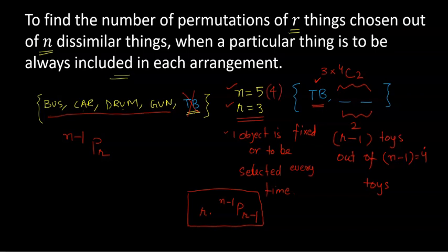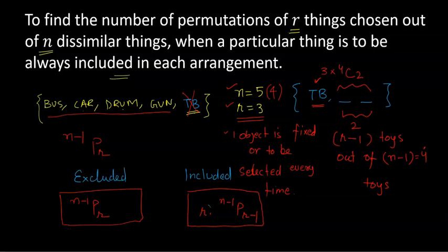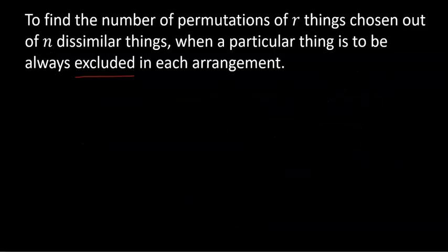So if I have to exclude one particular thing at every point of time, then I'm left with one object less and the selections are the same. So you can differentiate: this problem is when one thing has to be included every time, and this is where it is to be excluded every time. This is the differentiator, and there is a change in the formula. You can see that easily, and I think you can understand the logic here.